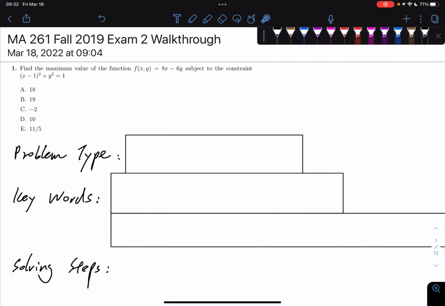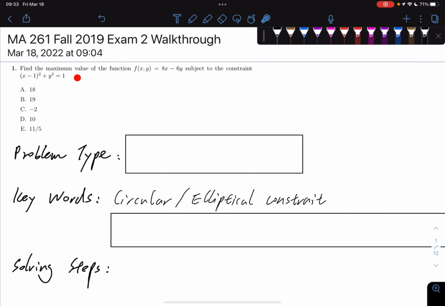But our job is not done yet because there are two different types of absolute extrema problems. By further inspecting the question, we can see that we have some sort of circular or elliptical constraint, right? That's my first keyword here: circular or elliptical constraint. And not just that, they want us to find the extrema, which in this case is the maximum value of the function subject to the constraint, which means they want us to find the extrema on the constraint, not inside the constraint.